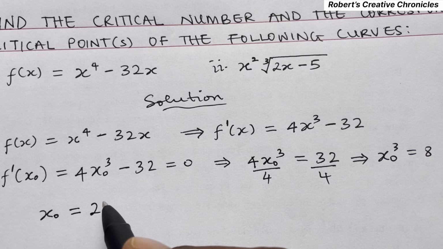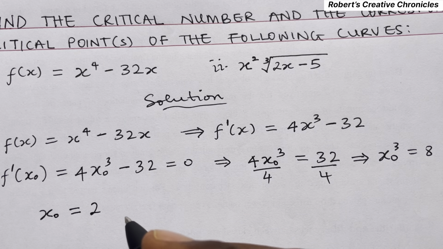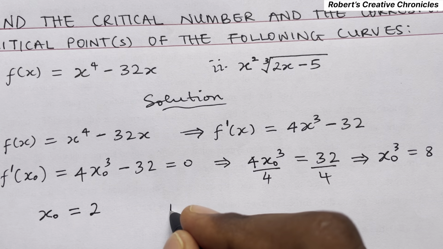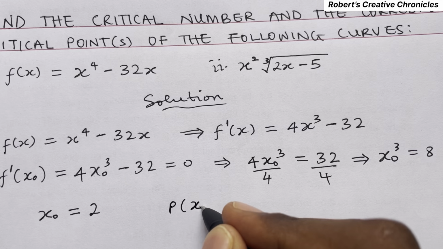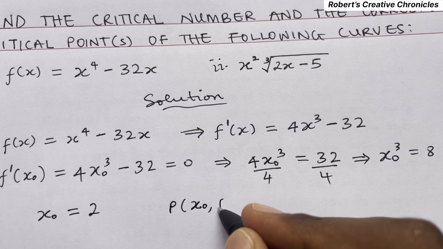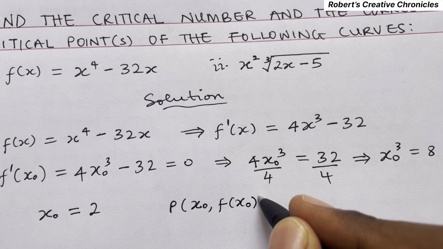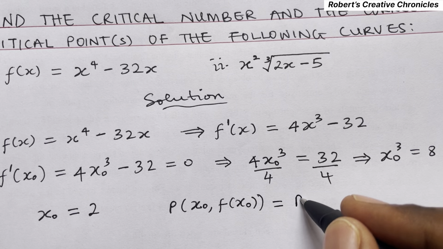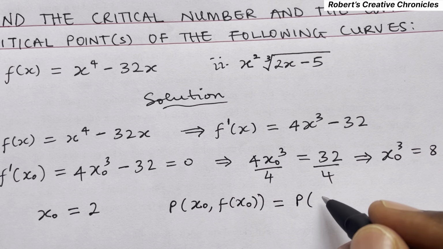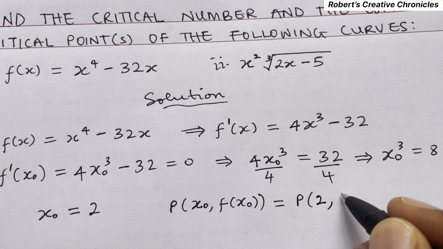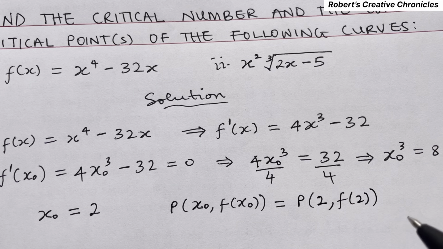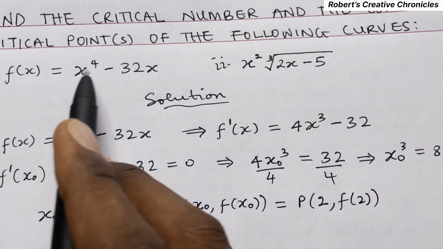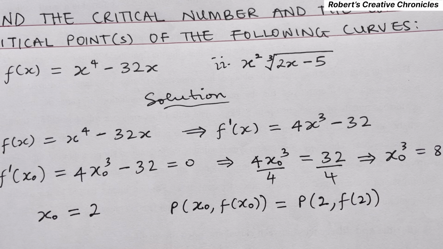Now to find the corresponding critical point, the critical point is given by P, the critical number, comma, then the function of the critical number. The critical number is 2, then the function of 2. So we'll substitute 2 into the original function.